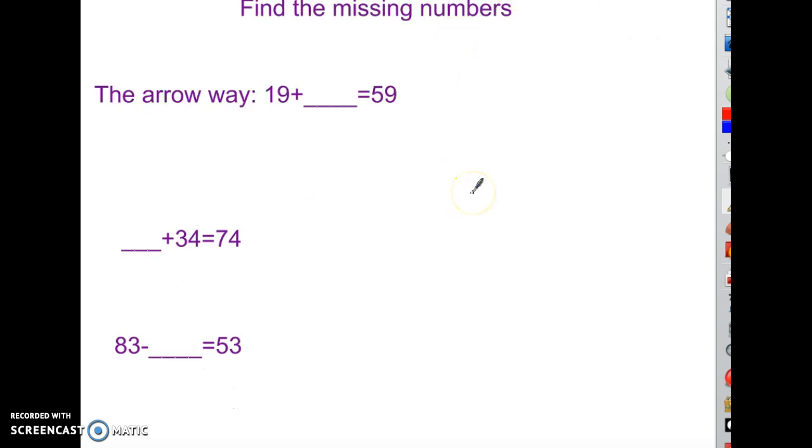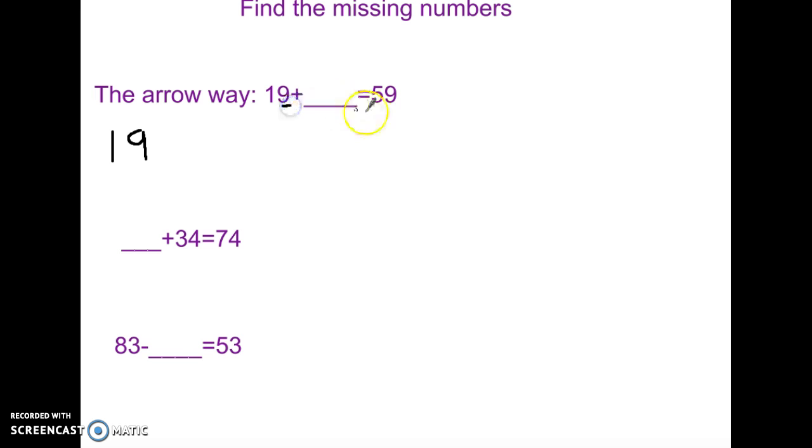Now we're going to find some missing numbers using the arrow way. So I have 19 plus something equals 59. When I do the arrow way, the first thing I'm going to do is write 19. Now, I'm looking at this.